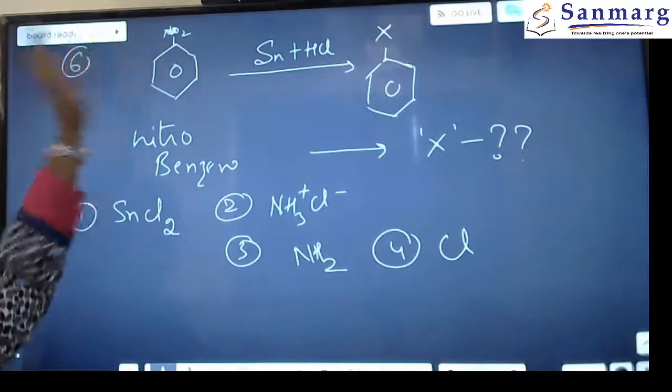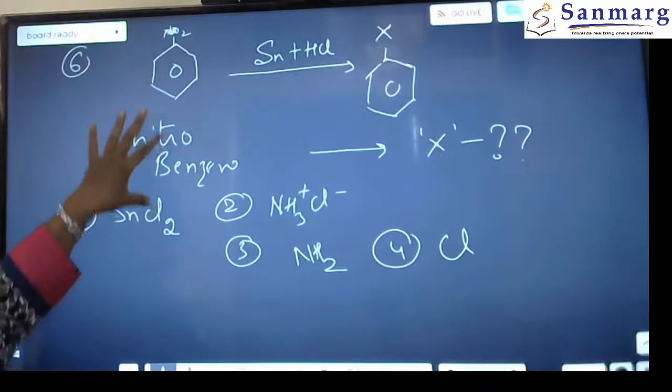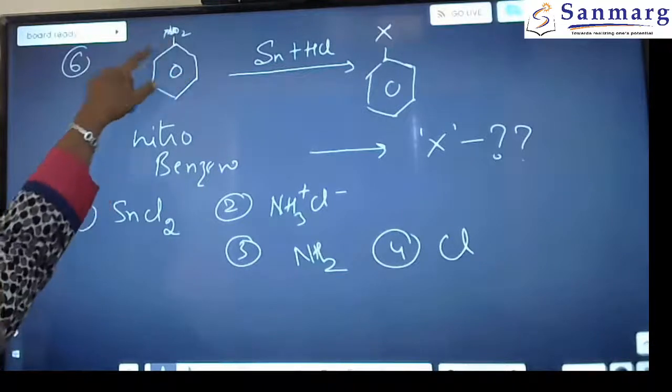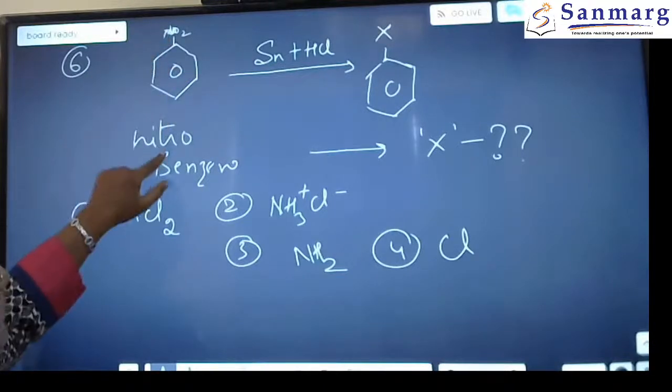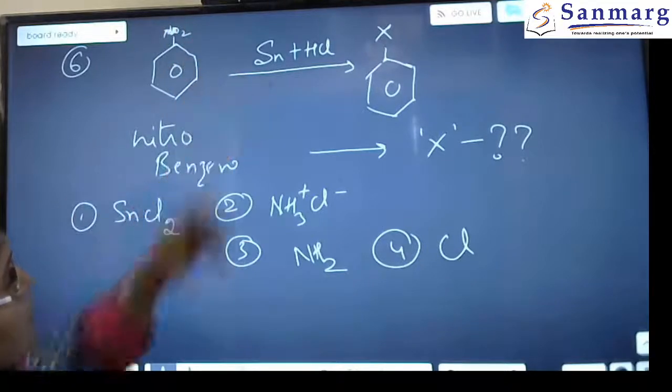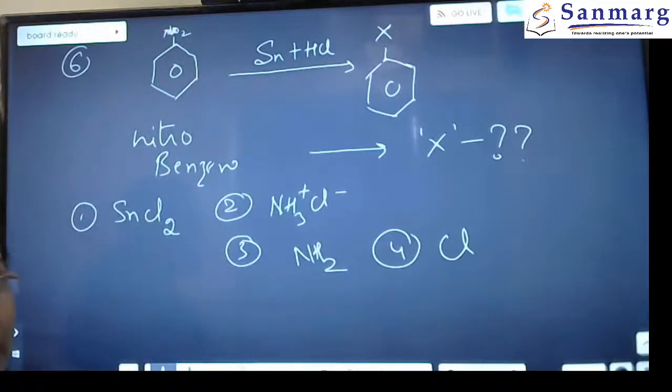You have taken nitrobenzene. Nitrobenzene means benzene containing an NO2 nitro group attached to it. In presence of tin and HCl, it undergoes reduction.